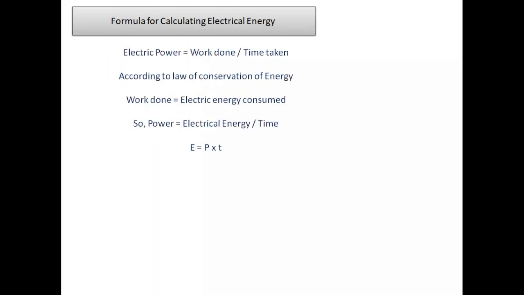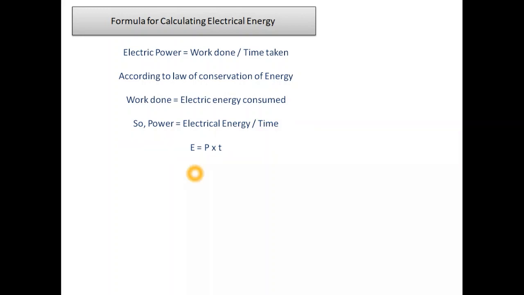We know that power is equivalent to work divided by time, and as per the law of conservation of energy, work done is equal to the electrical energy consumed. So we can replace work by energy. We can write power is electrical energy divided by time. That means electrical energy is power into time.